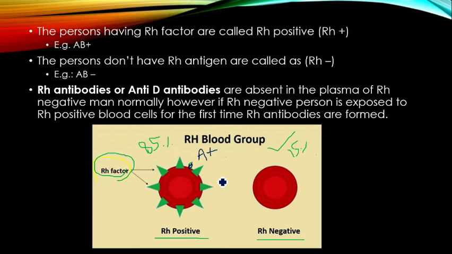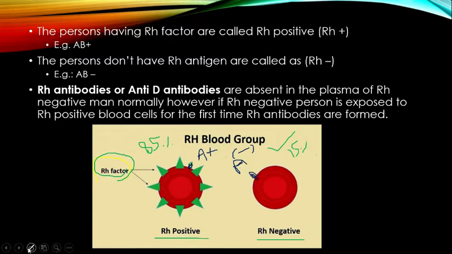Positive comes because of the presence of Rh factor, and A because of the presence of A antigen on the surface. If only A antigen is present without Rh factor, then those belong to A negative. Negative means absence of Rh factor.